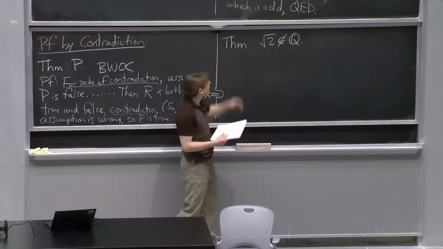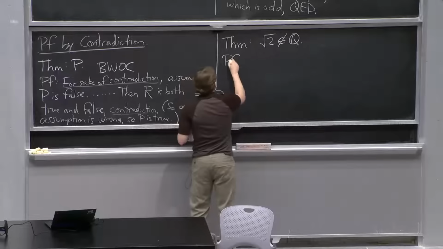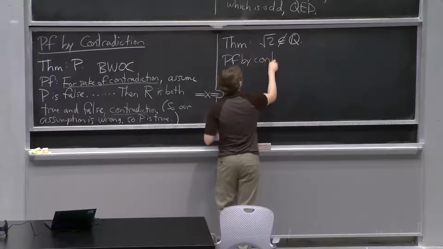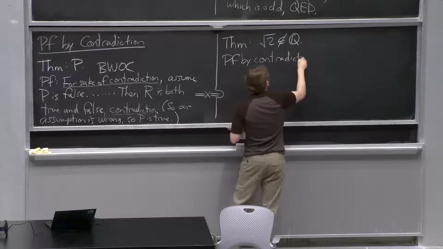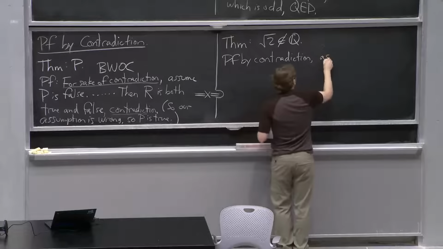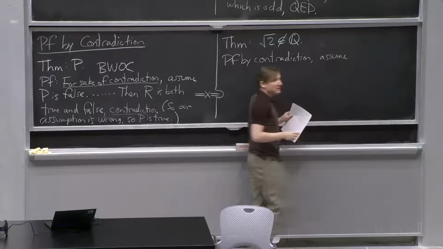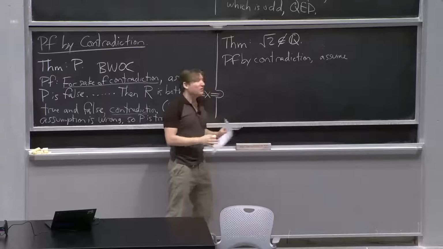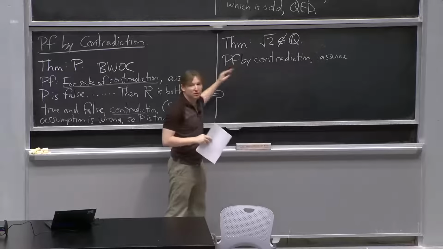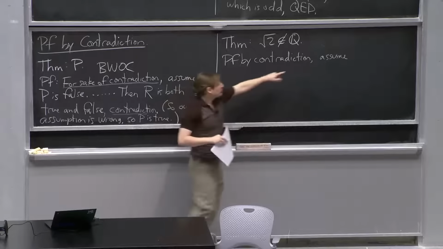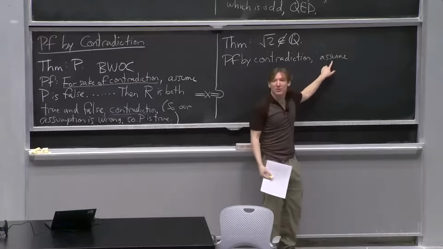Because our proof by contradiction is going to say, assume, and again, I want to emphasize, the moment we say this is a proof by contradiction, what we assume is fixed. There's only one thing we're supposed to assume.